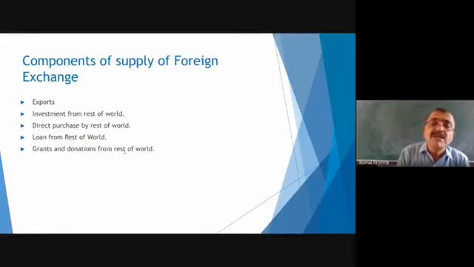Next we have studied floating and managed floating. In managed floating, we have seen that the RBI can intervene in the foreign exchange market to maintain its price. And lastly, we have seen the components of the demand for foreign exchange and the supply of foreign exchange. With this, today's topic is over.